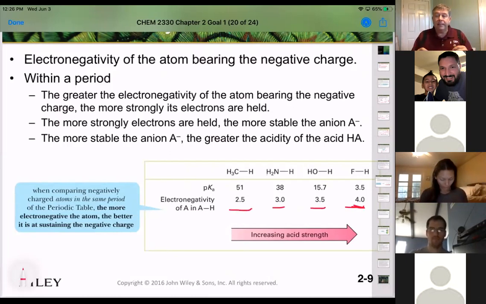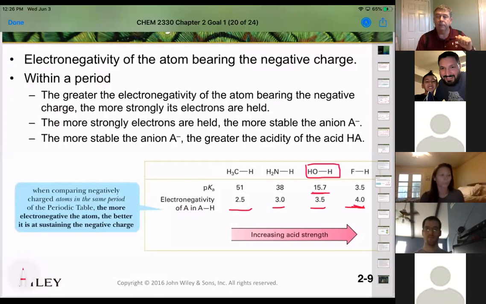So what we see here is that the pKa of HF, the Bronsted-Lowry acid right there, is the lowest number, which means it's the most acidic, right? Remember, the pKa, the higher the number, the less acidic it is, the lower the number, the more acidic it is, okay? So then oxygen is next here, and this is just water.